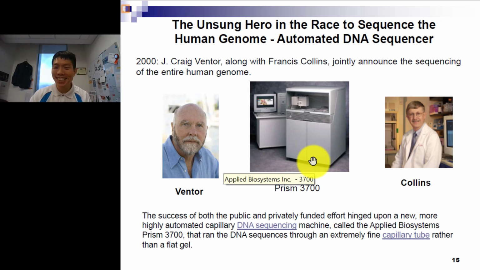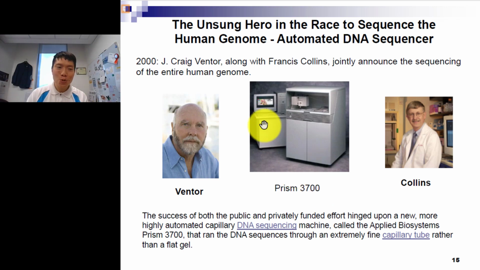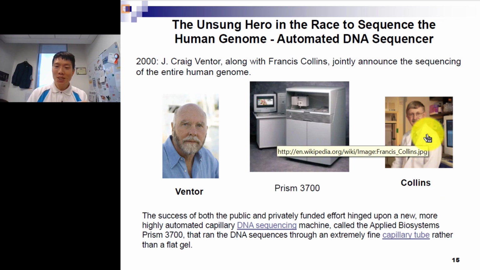maybe before you were born, there was a race, a very good competitive race to sequence the human genome. It garnered high interest. So this person here, by the name of Craig Venter, had his own company. He was a very good entrepreneur, and he bought a few of these DNA sequencing machines. Then Francis Collins on the right here worked for the National Institutes of Health.